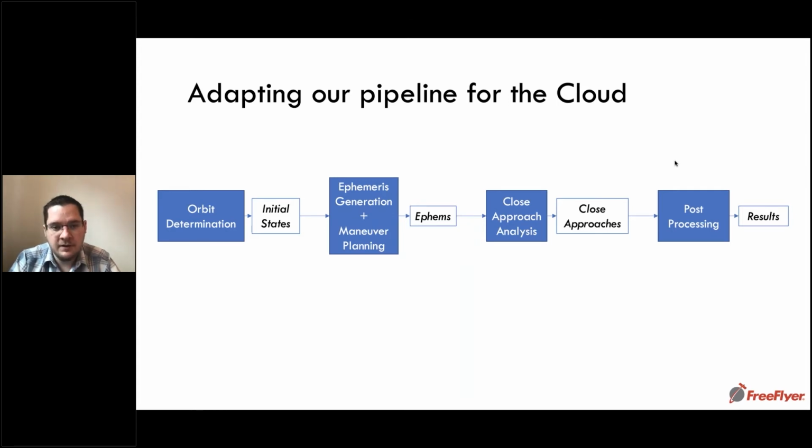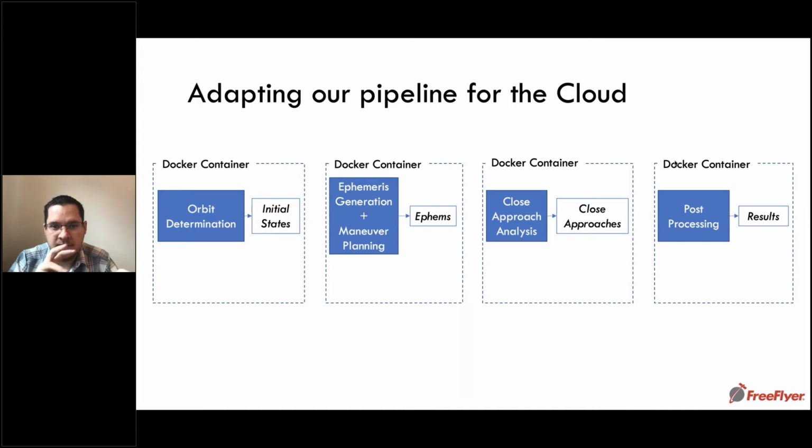The first thing we're going to do is split up each of these stages into separate Docker containers. You can see here a Docker container includes the FreeFlyer mission plan that executes and the data that's generated. You'll see that we broke up the arrows, where we're not yet passing data across the Docker containers, but we're going to rebuild on that shortly.